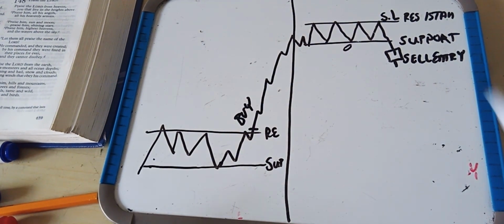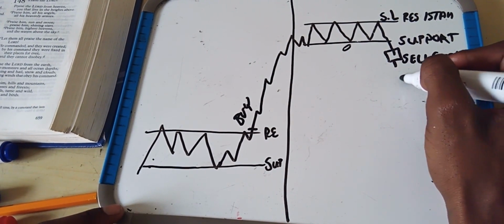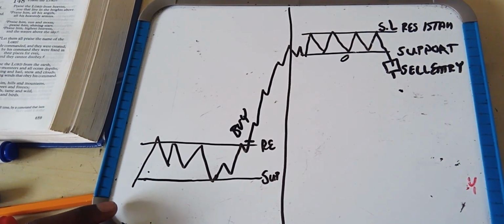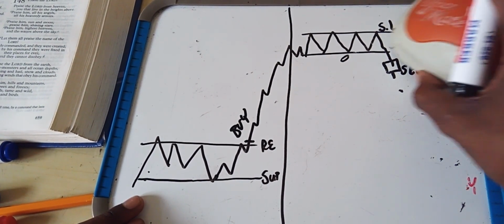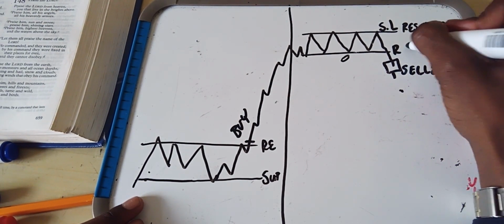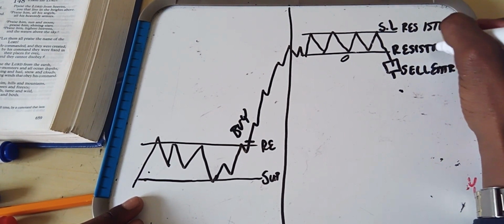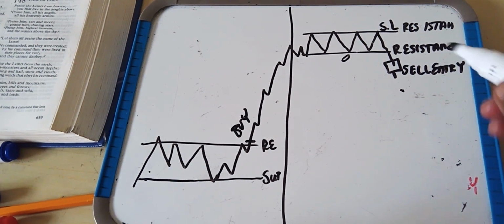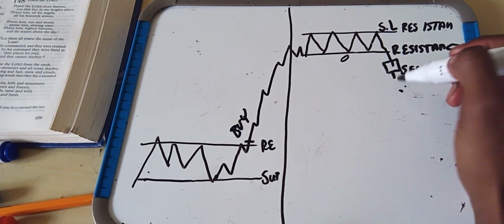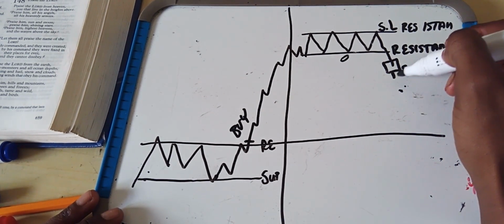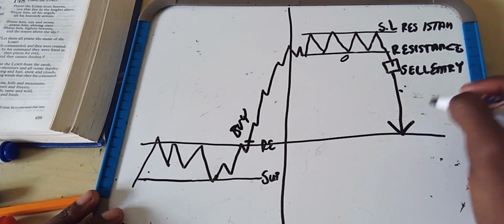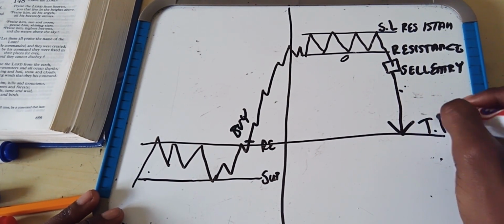It simply means if we are considering a sell at this position, or if we have a breakout below the support level, we no longer have a support level, but we have a new resistance level. After we sell from below the resistance level, our take profit will be at the previous support level of yesterday.